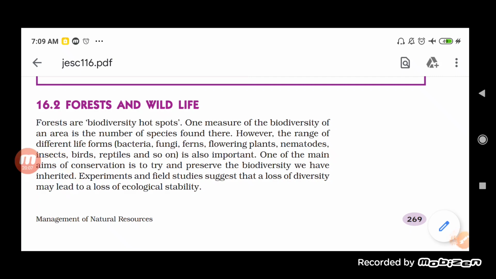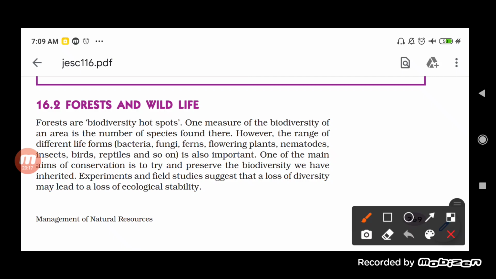The reason is that the loss of biodiversity leads to a loss of ecological stability. This is really important: what is the aim of the management of forest and wildlife? It is to conserve the biodiversity which we have inherited.